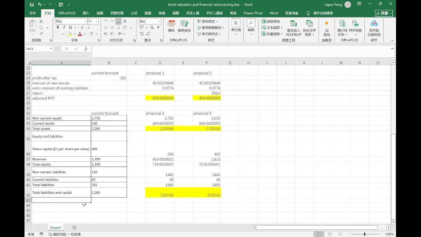And yeah, we were asked to calculate the gearing. The gearing is the non-current liabilities against the equities.